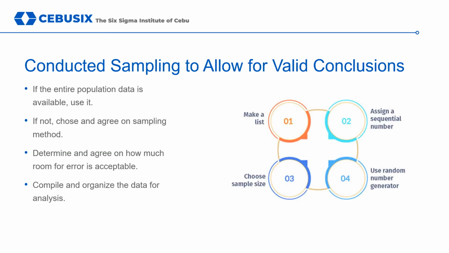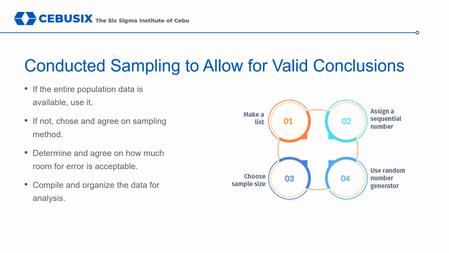The measurement phase is where we collect the data needed for the analyze phase. So in order to complete this phase, we need to have already conducted a large enough sampling that will allow us to draw valid conclusions about the population. If you have access to the entire population data, then you would be better off using it rather than using a sample, because the greater the representation of the population, the more conclusive assumptions can be about that population.